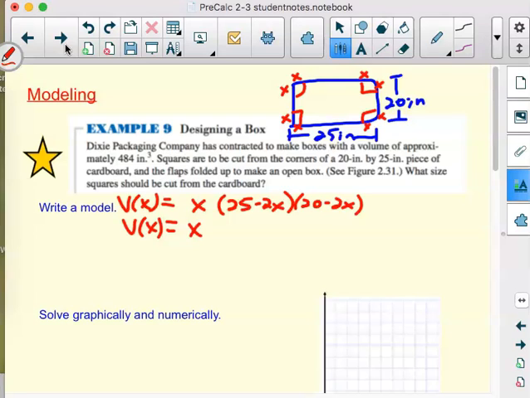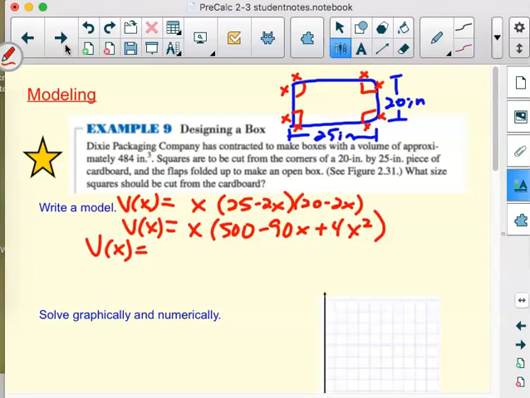So we would go ahead and use FOIL on what we see for the 25 minus 2x and the 20 minus 2x. So 25 times 20 is 500, and then outside times outside would be minus 50x. Inside times inside would be minus 40x, so minus 90x plus 4x squared. And then I'm going to go ahead and distribute the x, but while I do that, I'm also going to put these in standard form.